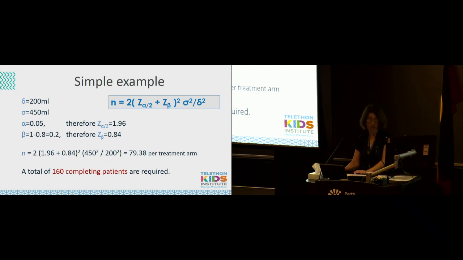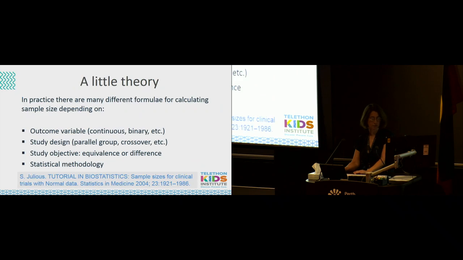So in practice, there are many different formulae for calculating the sample size, depending on what your type of outcome is. I've only shown this so far for a comparison of two means. There are also binary outcomes, ordinal outcomes, survival or time to event.